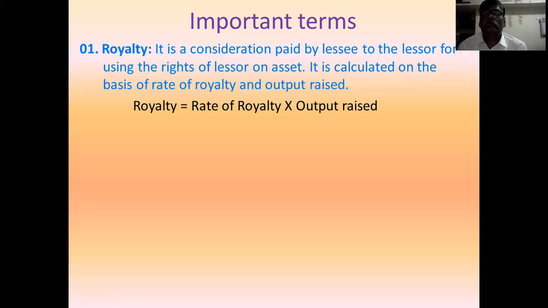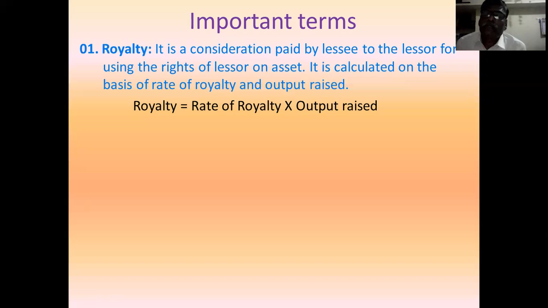Suppose the publisher prints and sells one copy of book, then the rate is fixed per book. For example, rupees 2 per book printed and sold. Then if the publisher prints and sells about 5,000 books, the royalty will be 2 into 5,000. That is the amount of royalty.